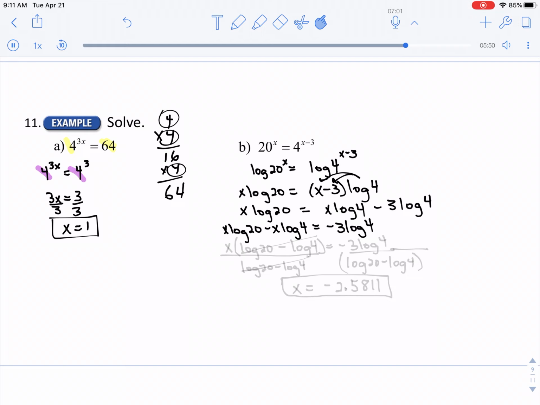Now I'm going to factor out the x, so I get x times log 20 minus log 4 equals negative 3 log 4. Now I'm going to divide both sides by log 20 minus log 4, because those will reduce.